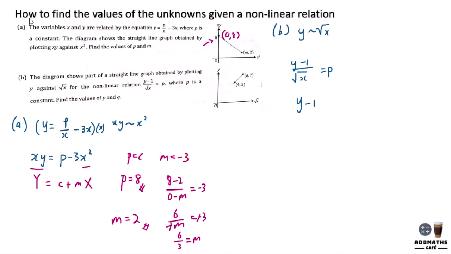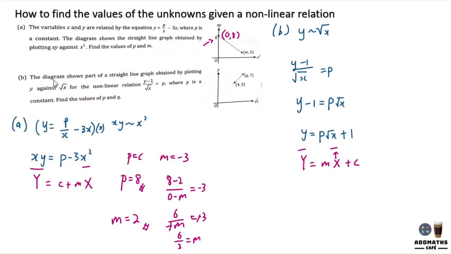So y minus 1 equals p square root x, and y equals p square root x plus 1. In this case, your y is y, and your x here becomes your square root x. So whatever is behind your x is m, and whatever is on the other side will be your c.